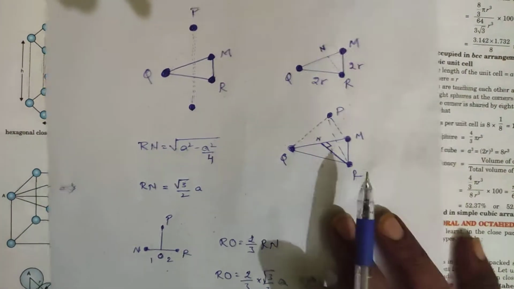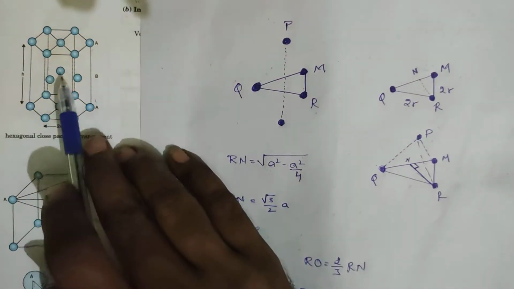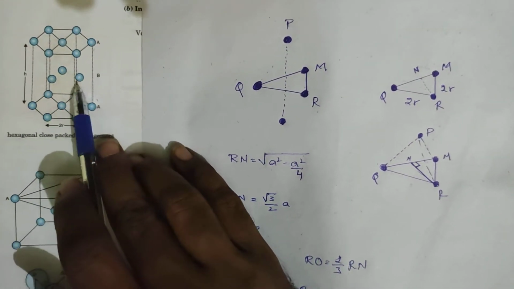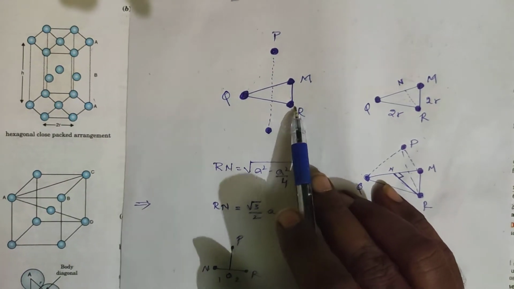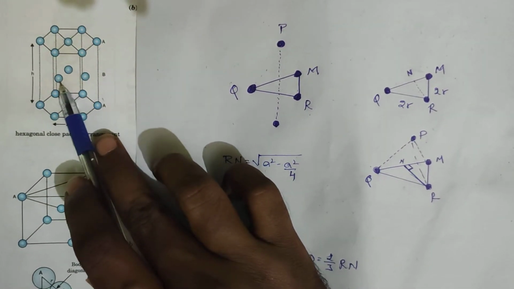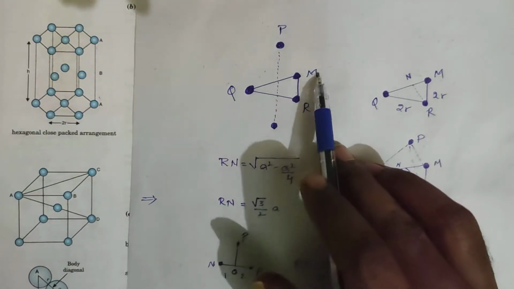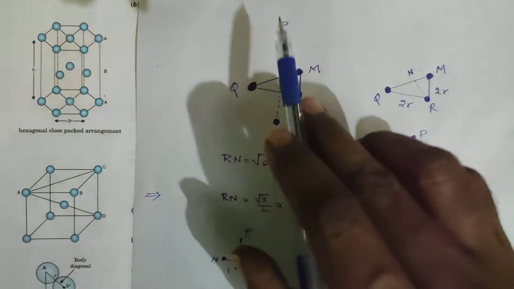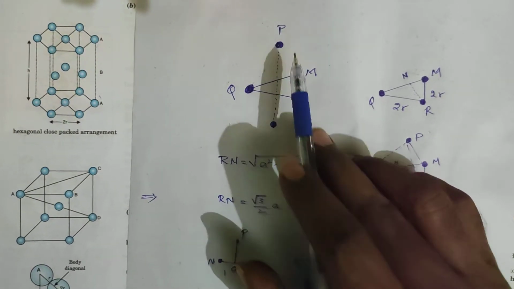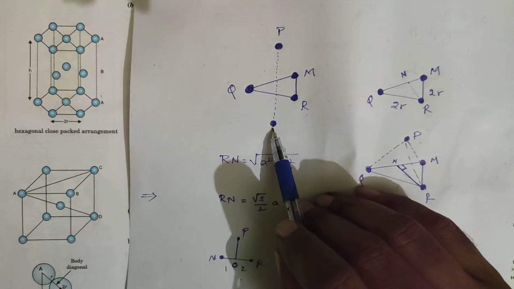For finding the value of height, see, here 3 particles are present in between the layers, right? These 3 particles I am representing as Q, M, R. These 3 particles present between the hexagonal layers I am writing like this. And one particle is present here, one particle is present below. The above particle I am representing with P, and the below particle I have not named.